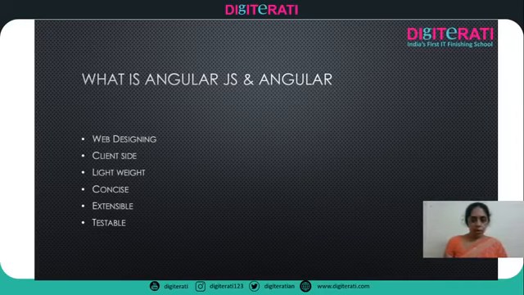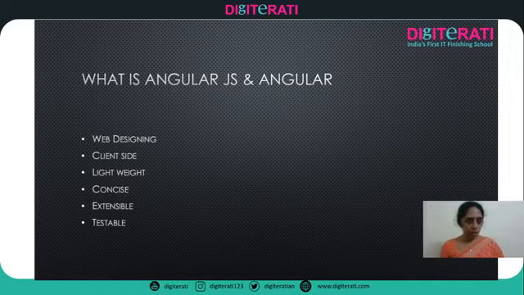We started off as AngularJS basically because it's an add-on to JavaScript, and it's more a combination of these things. We initially called it AngularJS, and today we call it singularly Angular. As I mentioned a while ago, this is where we use it, that is, web designing.